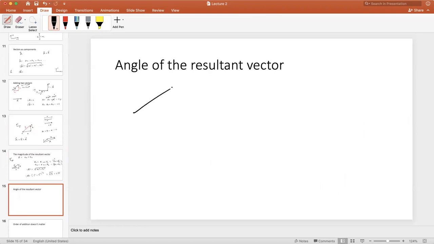Now, in a normal triangle, right, H, X, and Y, tangent of the angle is Y over X. And therefore, if we want to know what tan of theta R is, we would take Ry over Rx.